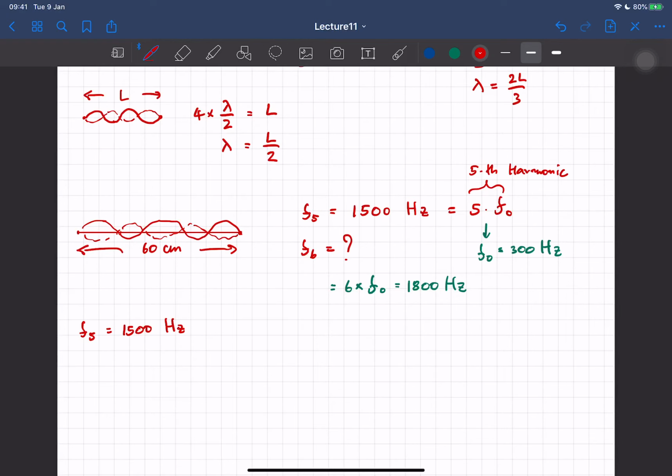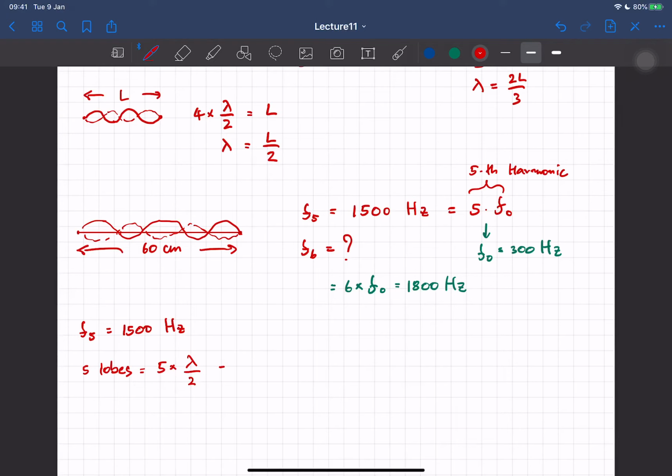I'm bad at drawing sine curves, but it looks like this. This is the fifth harmonic, and the fifth harmonic has 5 lobes. Each lobe is lambda over 2, so you have 5 times lambda over 2.